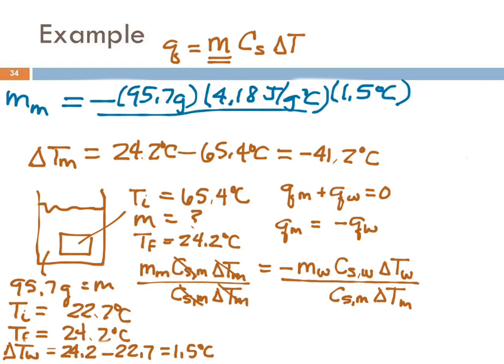That is divided by the specific heat capacity for the copper block, which is 0.385 joules per gram degrees Celsius, and the change in temperature is minus 41.2 degrees Celsius.